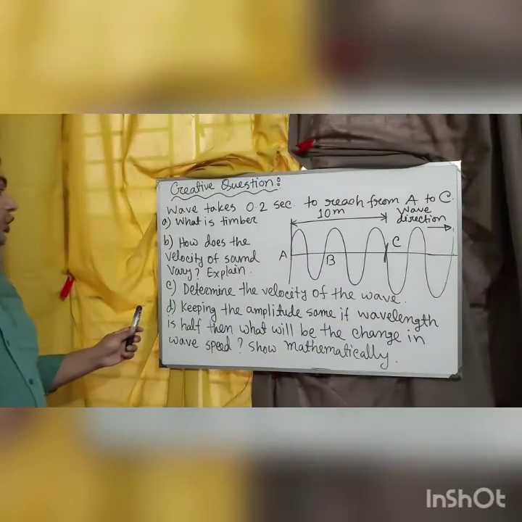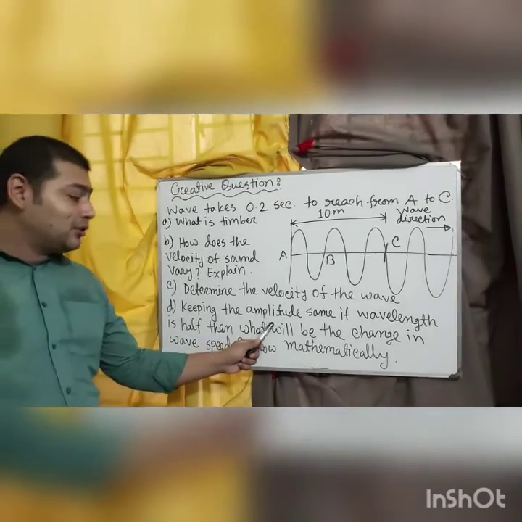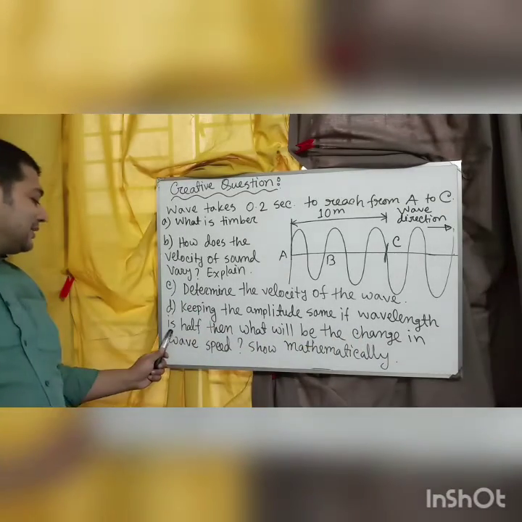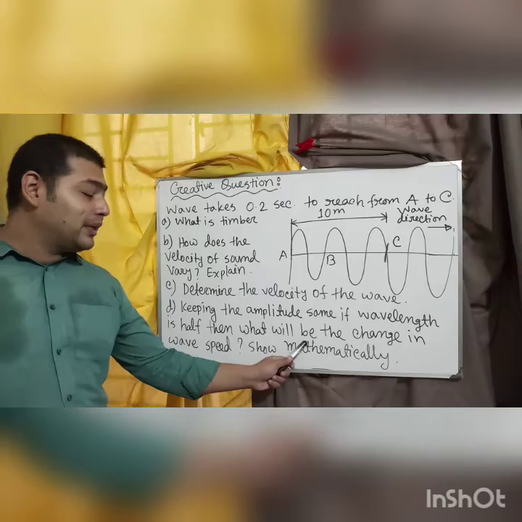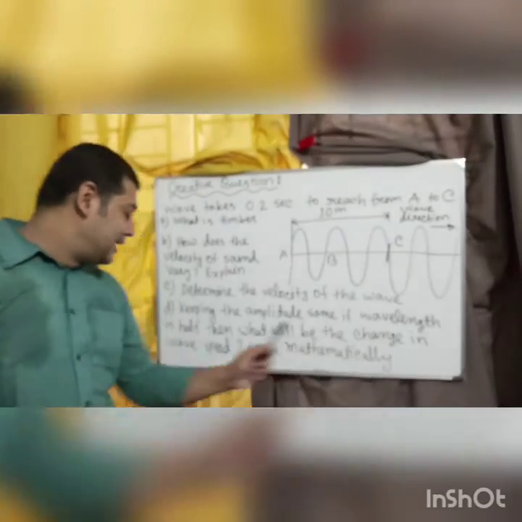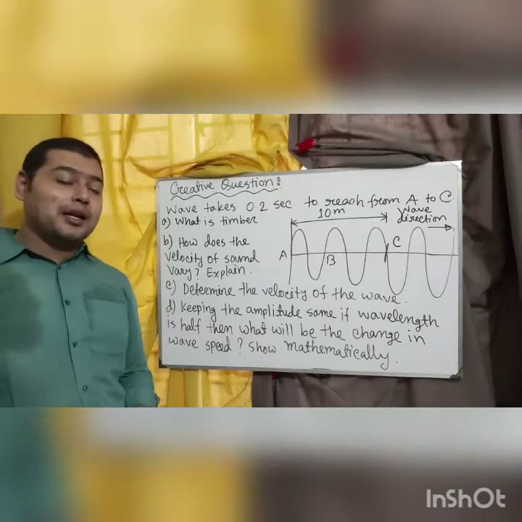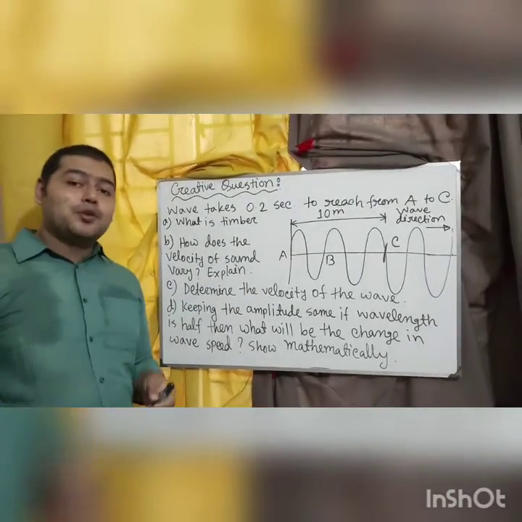And question number D is: keeping the amplitude the same, if the wavelength is halved, then what will be the change in wave speed? Show mathematically. This is our full creative question.